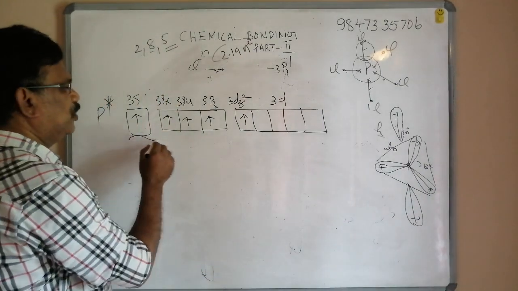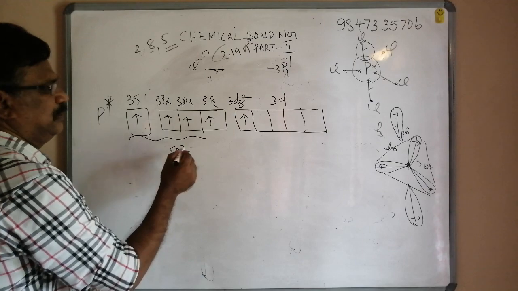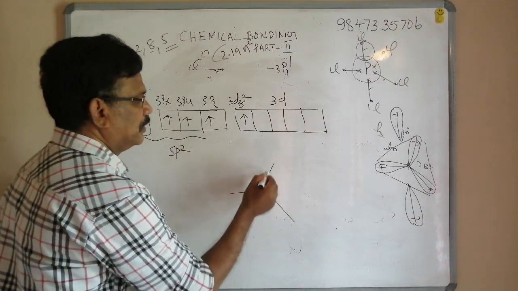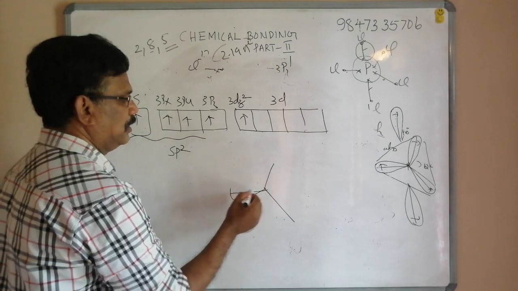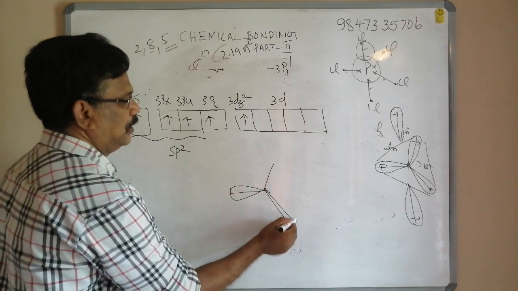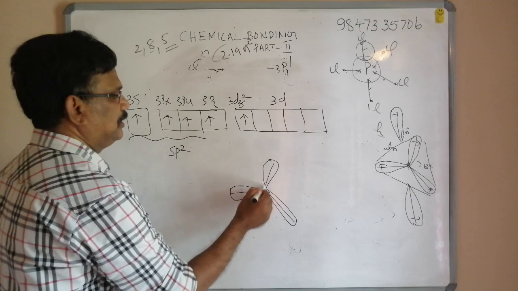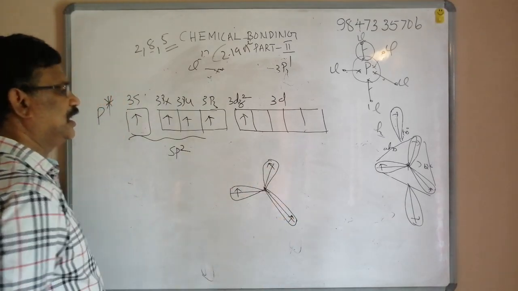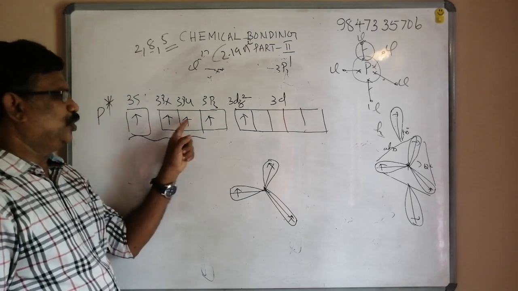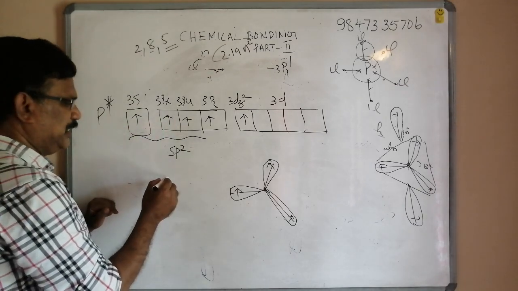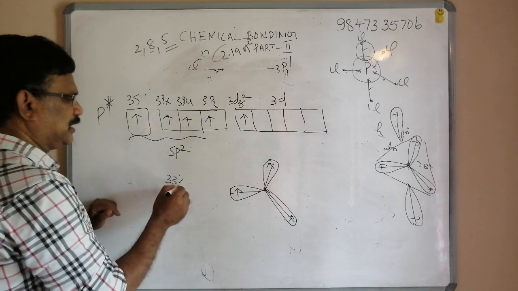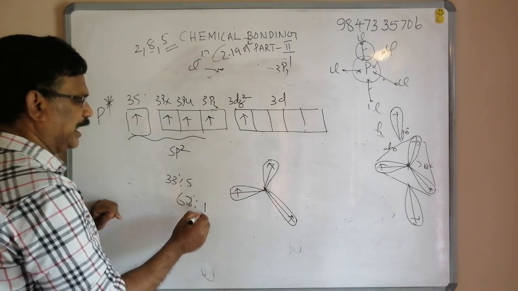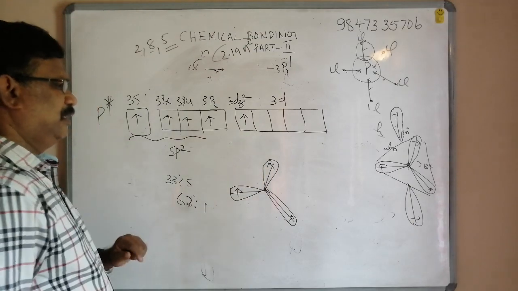At first, they undergo sp² hybridization and give 3 orbitals. 3 hybrid orbitals sp² along the 3 corners of an equilateral triangle. 1 spherical and 2 dumbbell; sp² has 33% s character and 67% p character for each orbital.